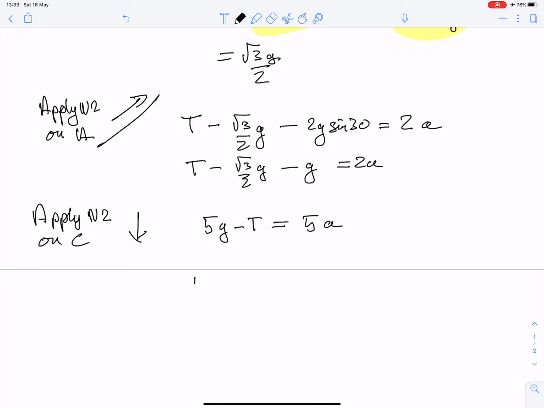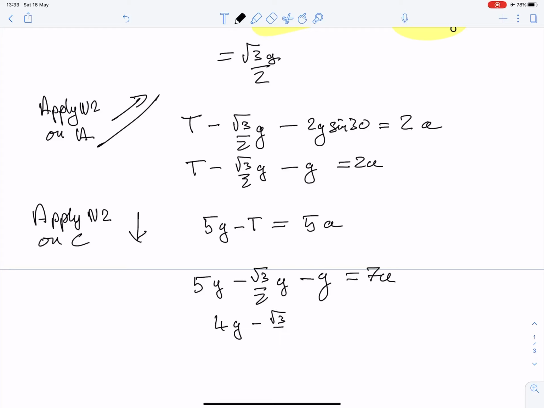Okay, apply N2 on C, and that's going to be downwards, so the acceleration continues in the same direction, in effect, of the motion of the connected particles.